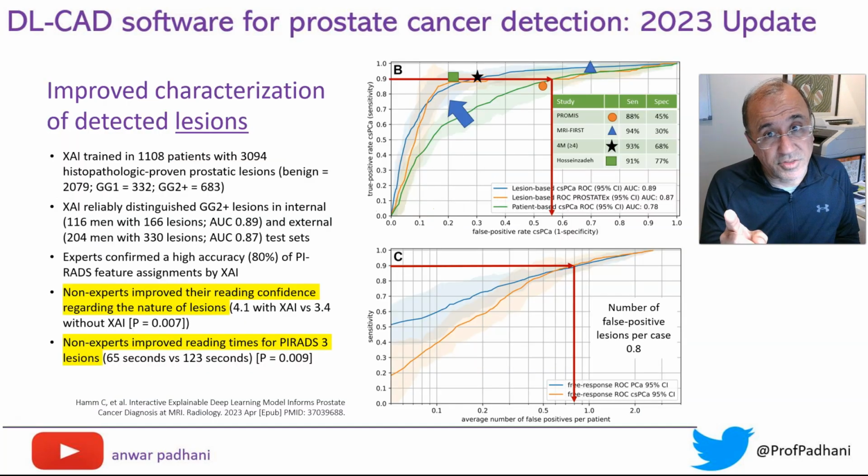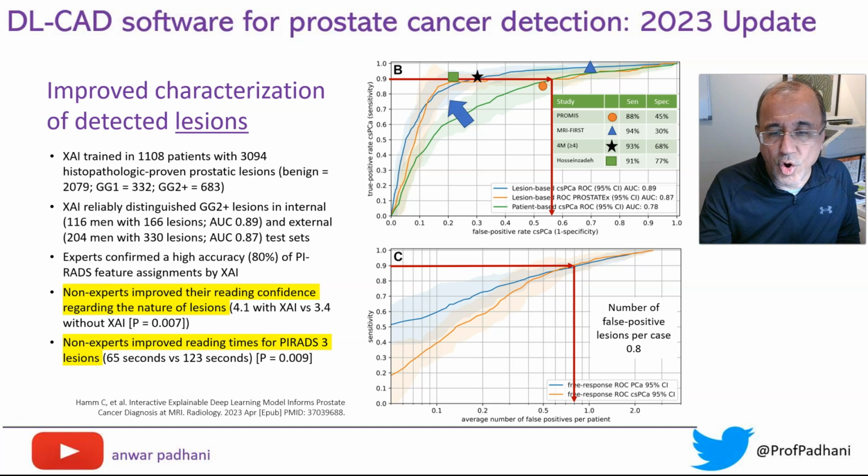However, if you look at this software, it's the opposite way around. You can see that the green line here represents the ROC curve at the patient level, but the lines above in fact represent the ROC curve at the lesion level. So in other words, this particular software is much better at the lesion level than at the patient level.